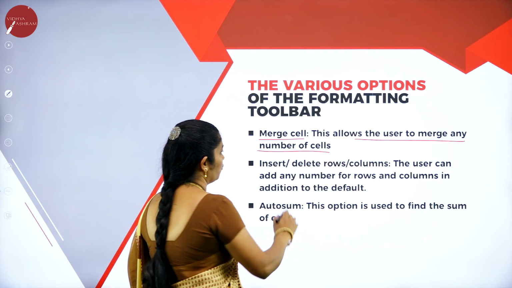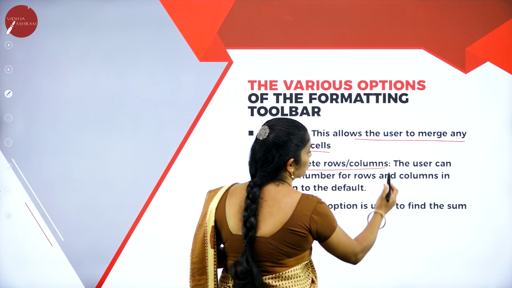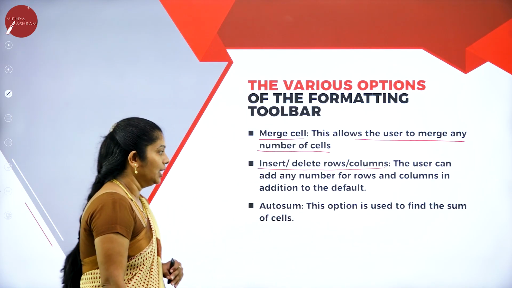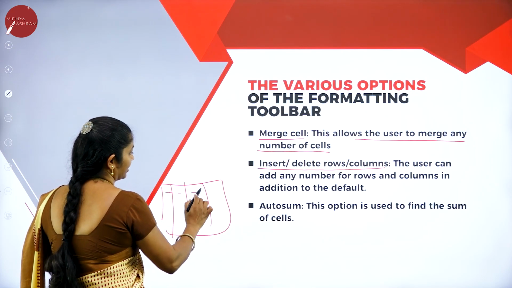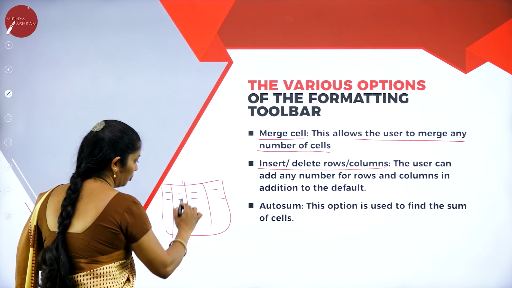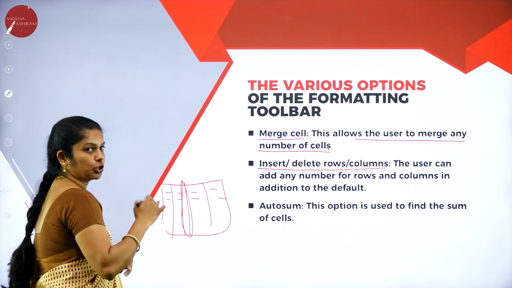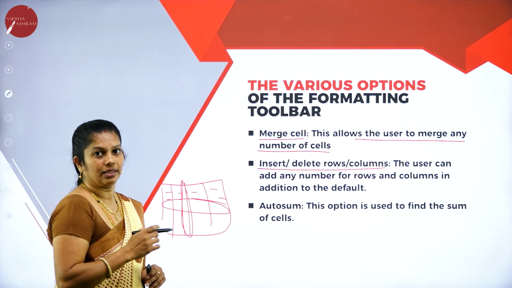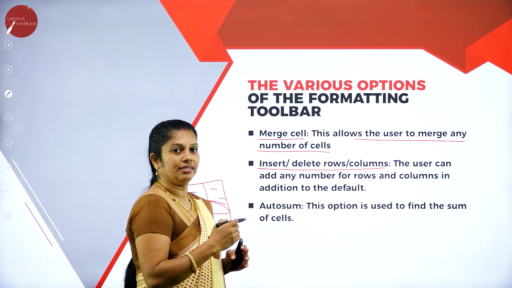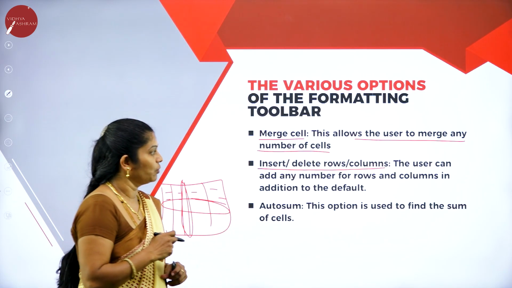Then we can insert and delete rows, everything we can insert. Consider we are doing one experiment or any work. Here we have entered the values, but we need one more column in between. That also we can insert. If I want, I can insert any column in between. It means that I can insert or delete rows and columns, whichever we want.